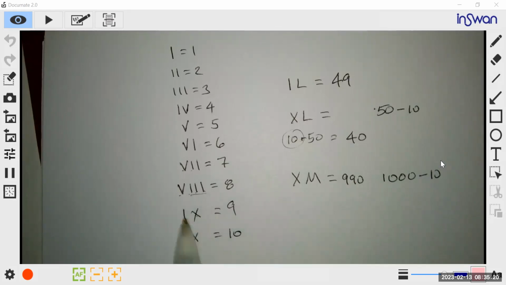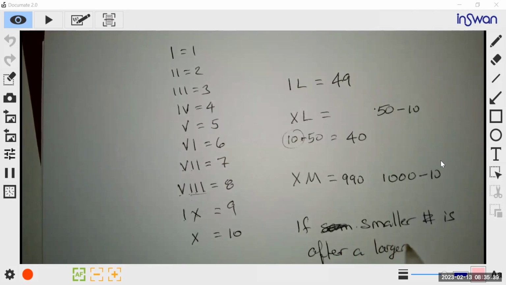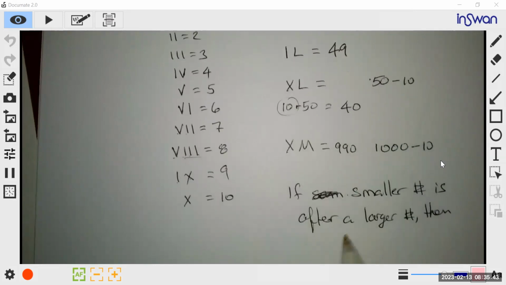So if the smaller number is afterwards, you add it. If the smaller number is after a larger number, then you add.